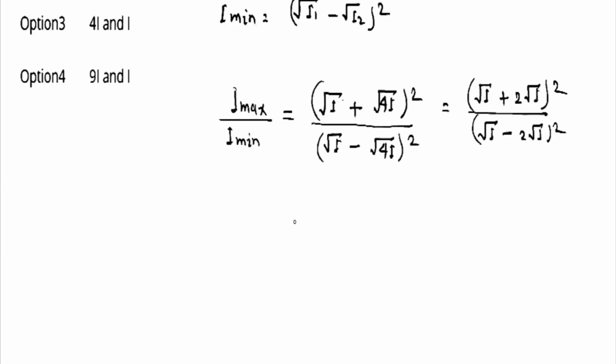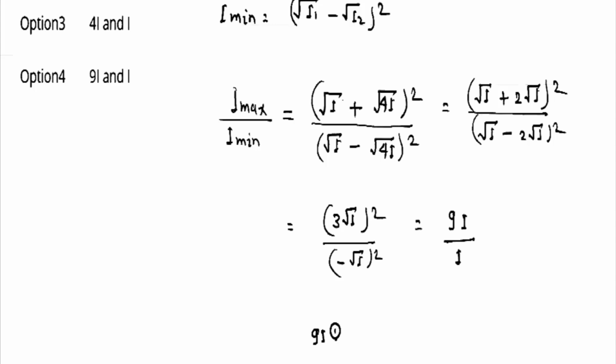Root I plus 2 root I is 3 root I, so this is 3 root I whole square divided by minus root I whole square, which is 9I divided by I. Therefore the maximum and minimum intensities in the resulting pattern will be in the ratio 9I to I.